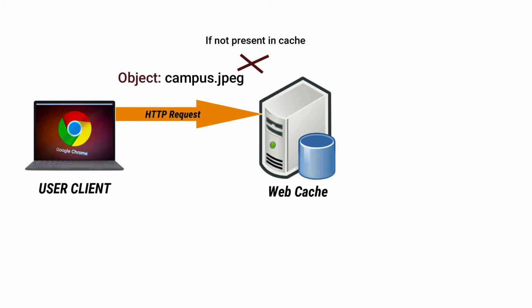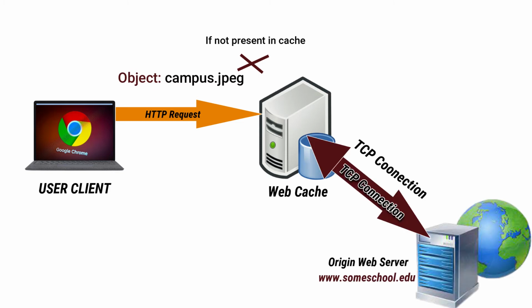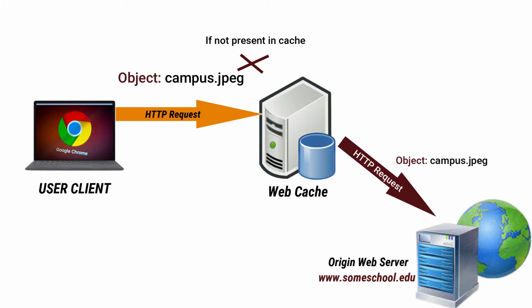If the proxy server or web cache does not have the object, the web cache opens a TCP connection to the origin web server, that is, to www.someschool.edu. Then the web cache sends an HTTP request for the object into the cache-to-server TCP connection.